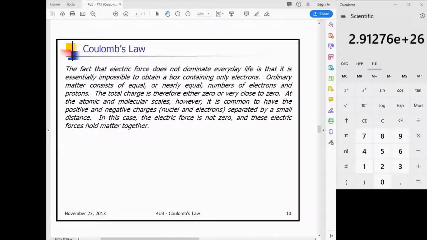Because everything is nearly balanced in its electrons and protons, even though the force experienced by an unbalanced electric charge is so great, we don't experience very large forces.